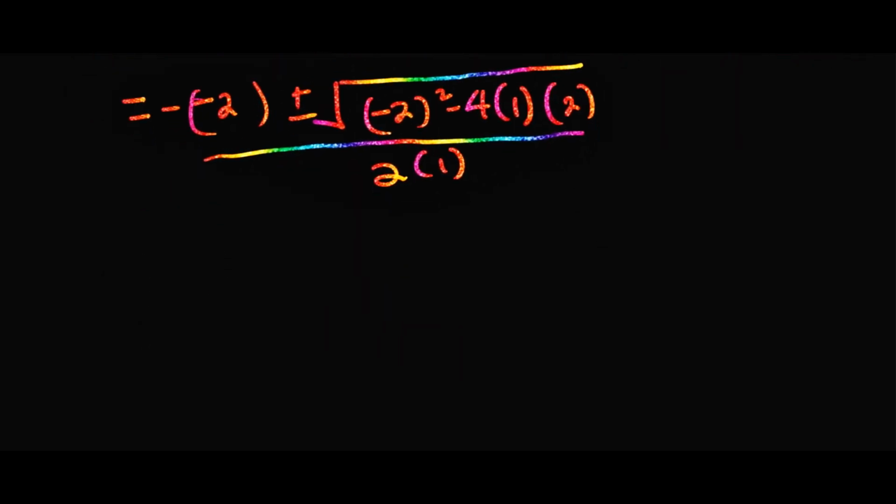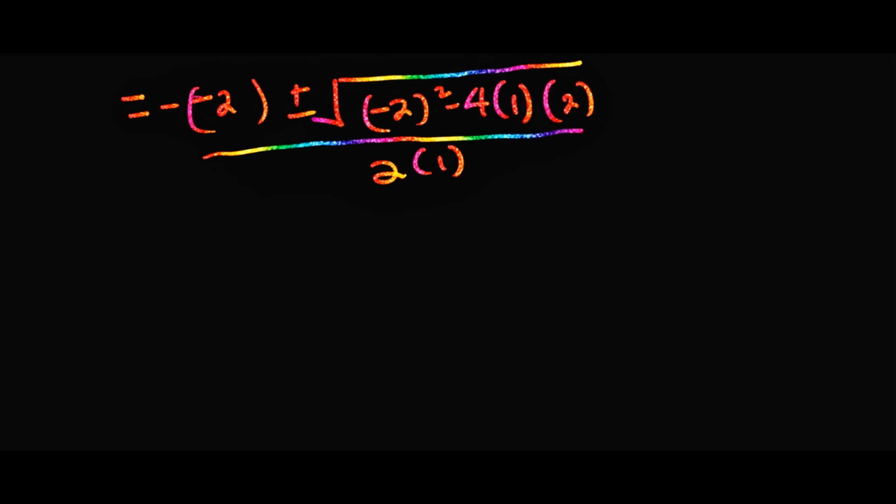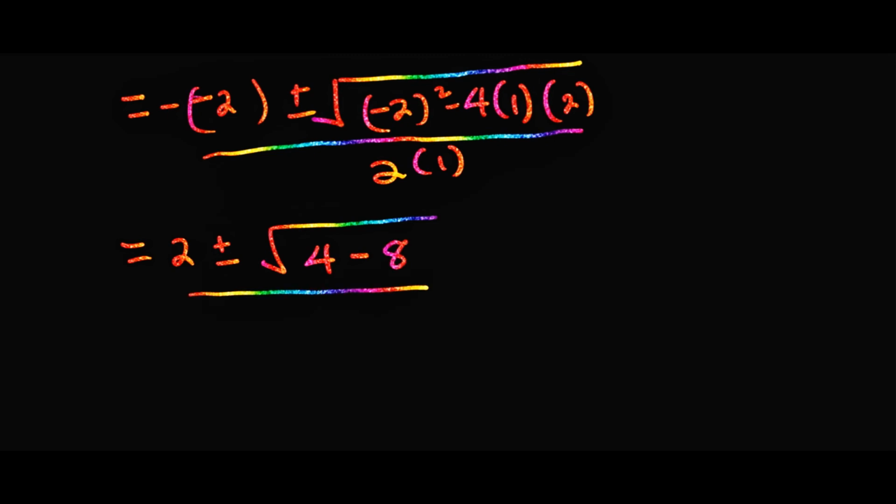So let us simplify this. So -(-2) is +2, plus or minus under the root, we have -2 squared, which is 4, minus 4 times 1 times 2, that is -8, over 2. So we have 2 plus or minus the root of 4 minus 8, that is -4, over 2.